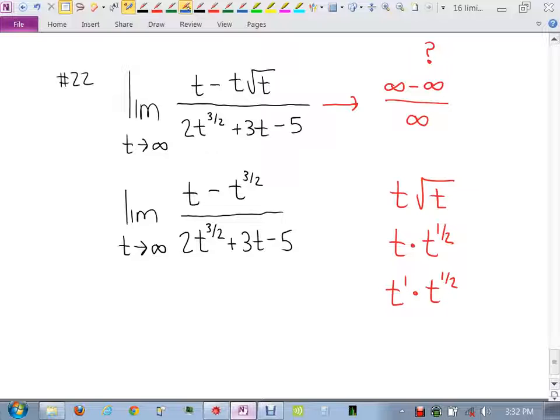We could wind up going into an abyss here, but as long as we don't break any rules, we should be all right. So what am I going to multiply top and bottom by? 1 over t to the what power? 3 halves. There we go. 1 over t to the 3 halves here.